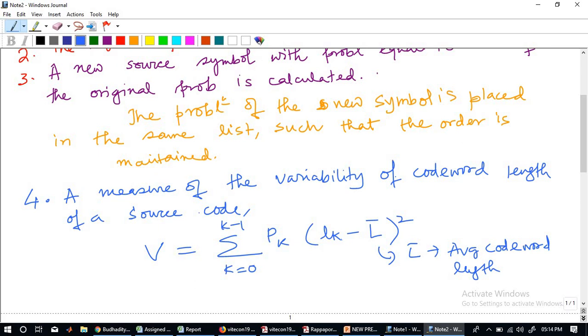So probability of the kth symbol multiplied by the square of L_k minus L average. So that is what the idea is.